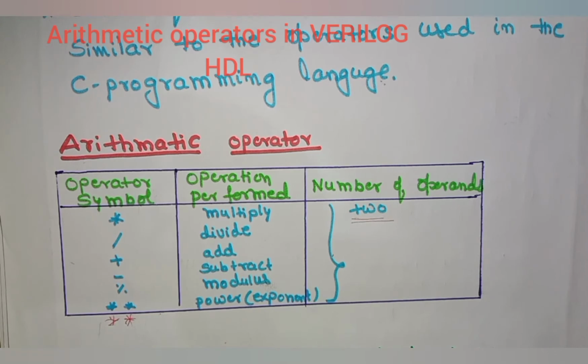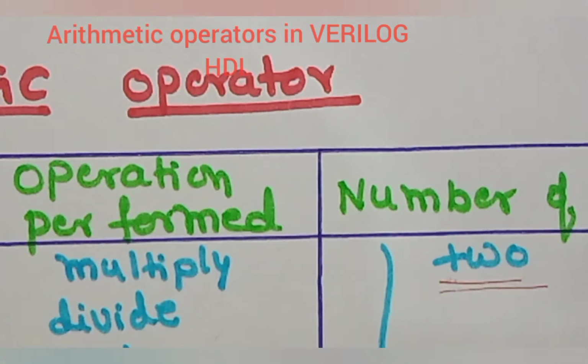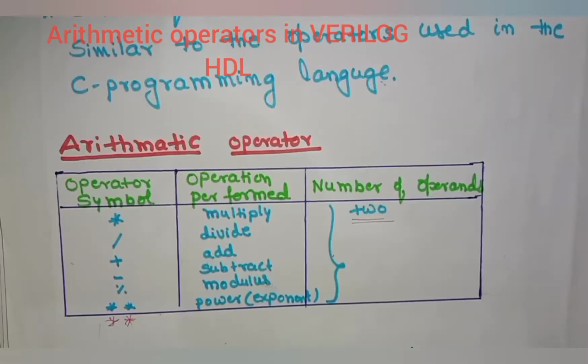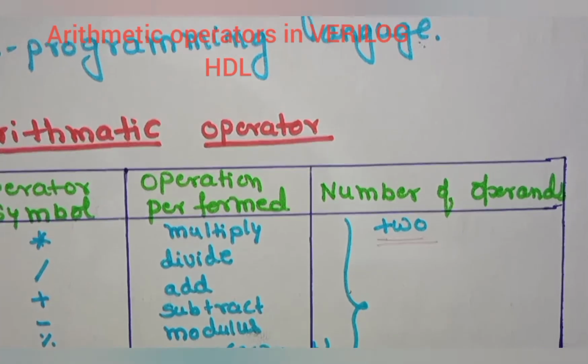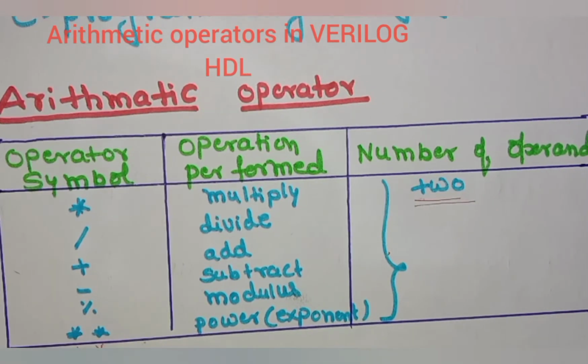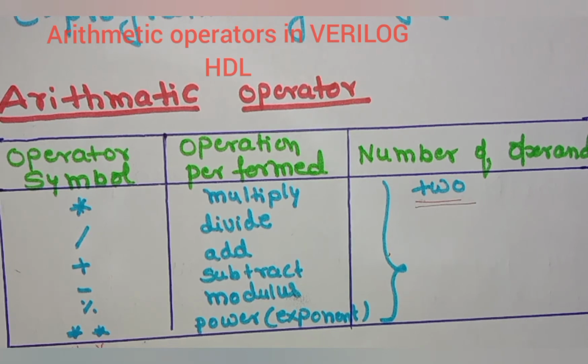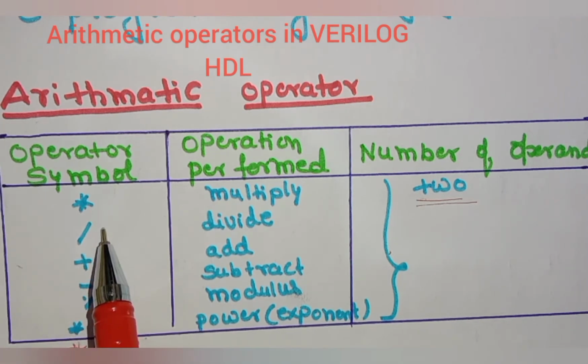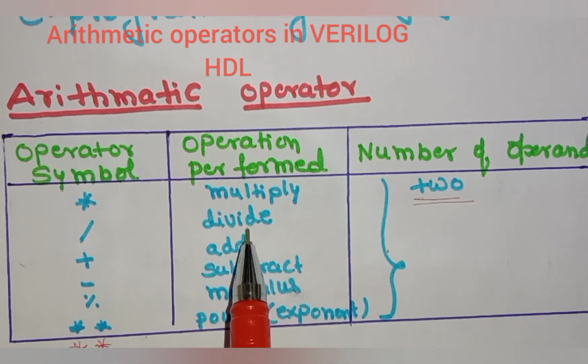What are the arithmetic operators? They are the same operators we usually use in simple arithmetic operations, which you already know. The first one is the multiplication operator. The second one is the forward slash, used as the divide operator.